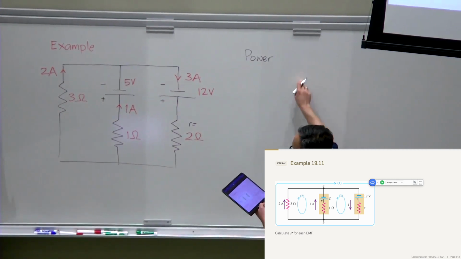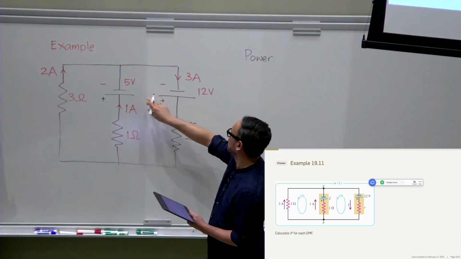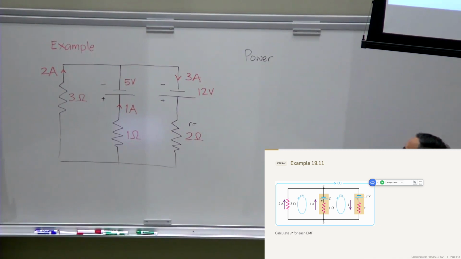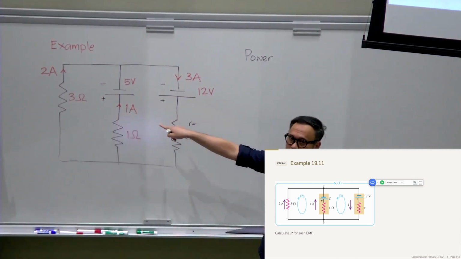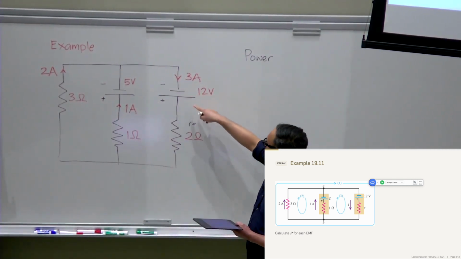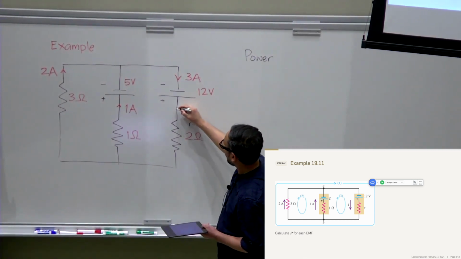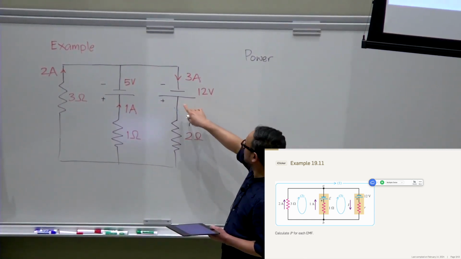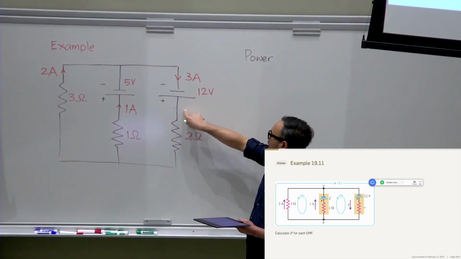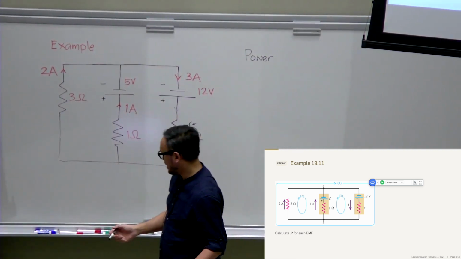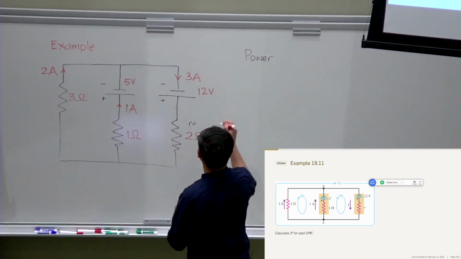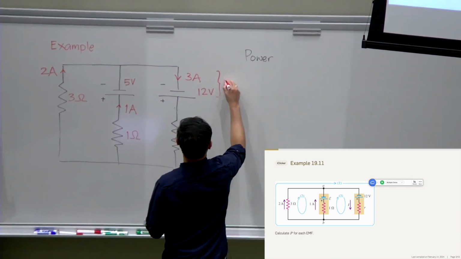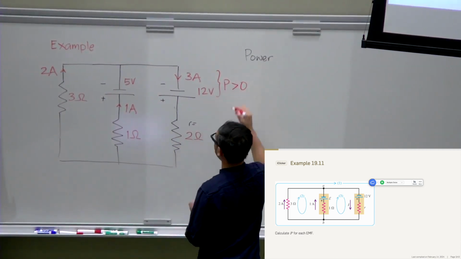So power on the 2 batteries. First, this is another case where the sign matters. You should note that for the right battery, the current goes from the negative electrode to the positive electrode. So the power here is positive.